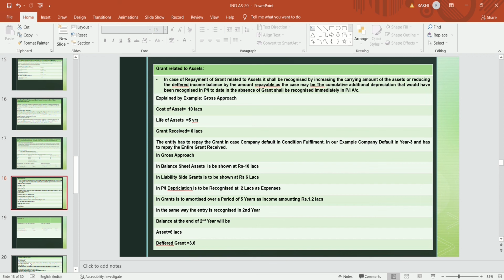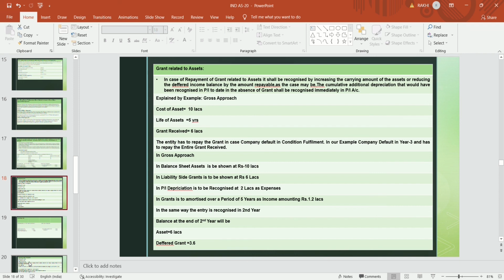In case of repayment of a grant related to asset, it shall be recognized by increasing the carrying amount of the asset or reducing the deferred income balance by the amount repayable, as the case may be. The cumulative additional depreciation that would have been recognized in the P&L to date in the absence of the grant shall be recognized immediately in the P&L.